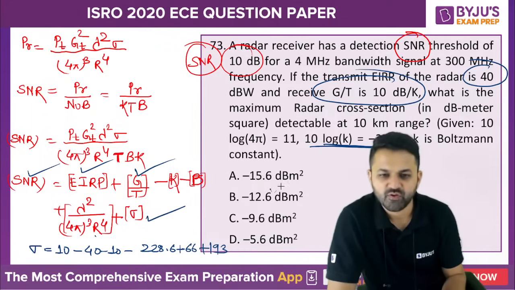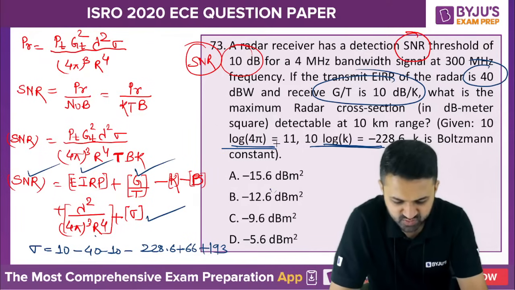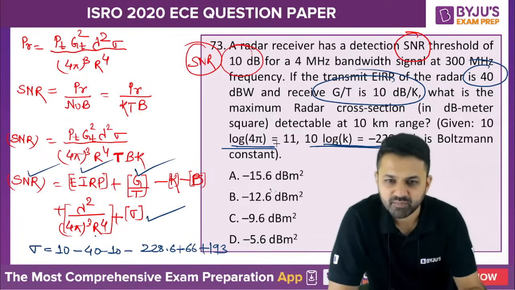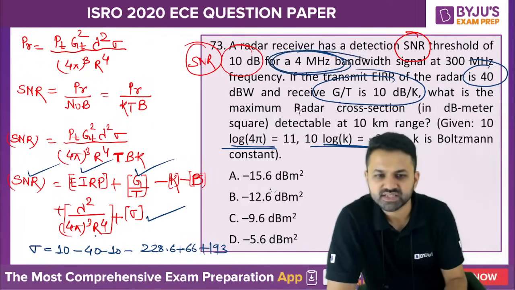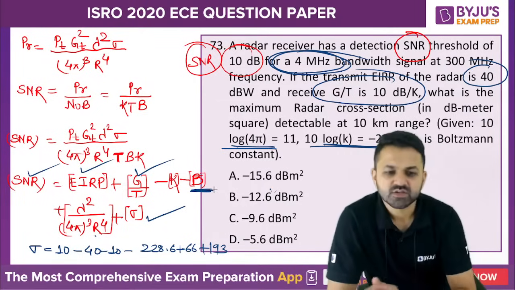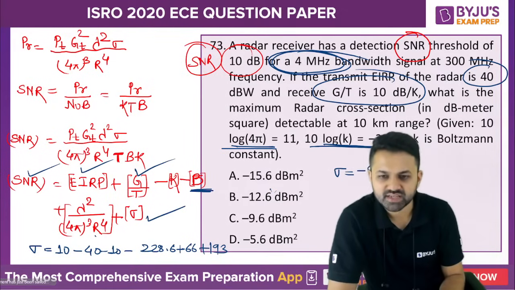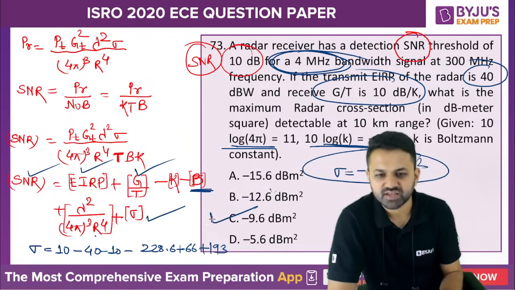The bandwidth is 4 megahertz, so you can utilize this B and calculate. In this way you will get sigma equal to minus 9.6 dB meter square. So that will be our answer, option C.